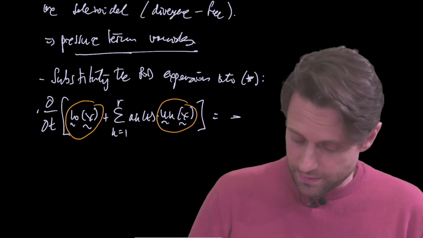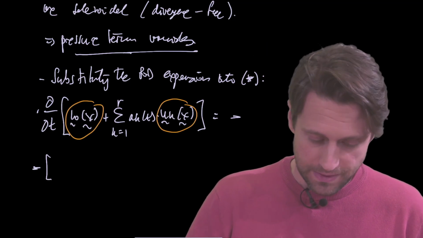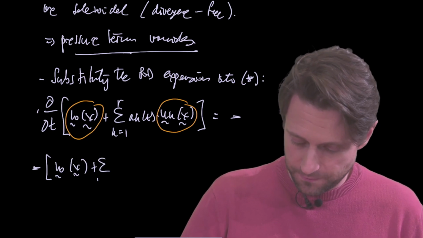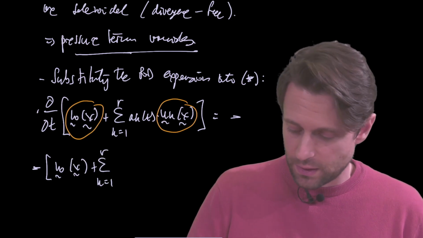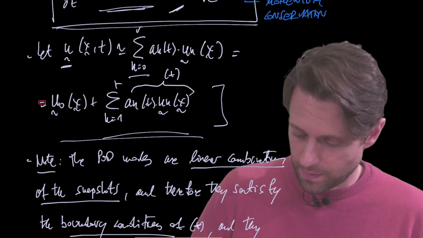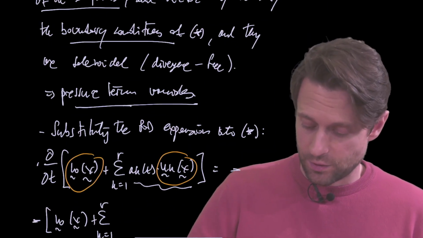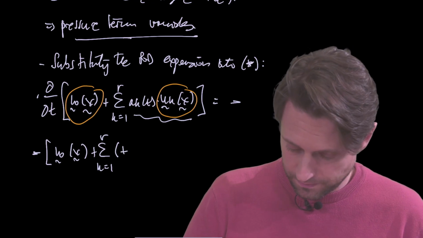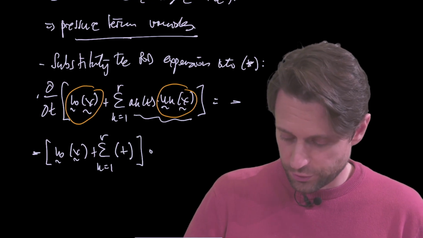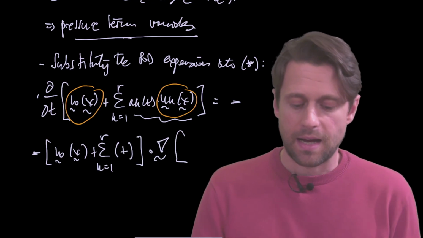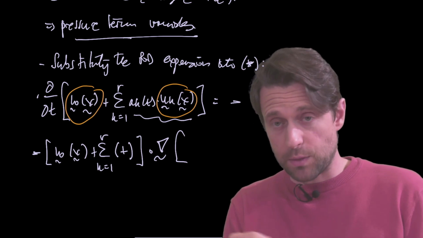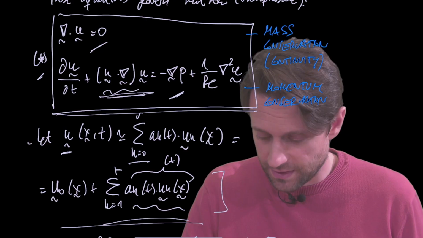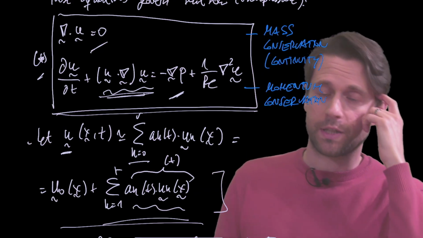So that's minus, and let's put it here minus, and this is U0 of x plus the sum from k equals 1 to r of this. Remember that we call it plus, so that's the sum of plus here. Dot nabla. And we will have here the same but with a different index, because remember when we look at this nonlinear term, I want to be able to cover all the nonlinear combinations, right?